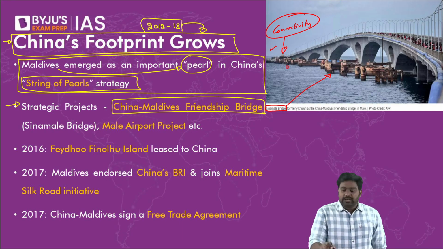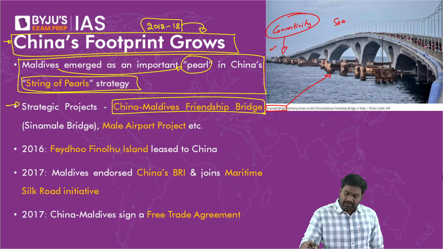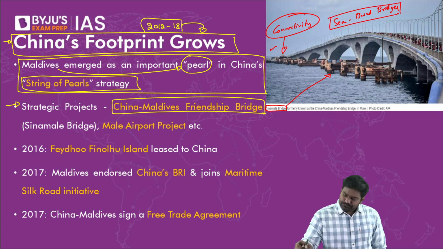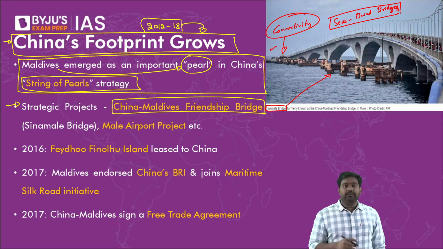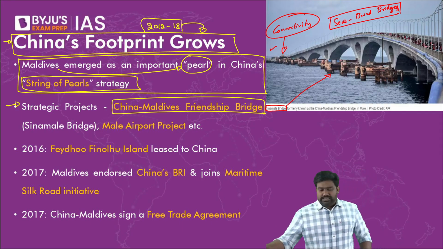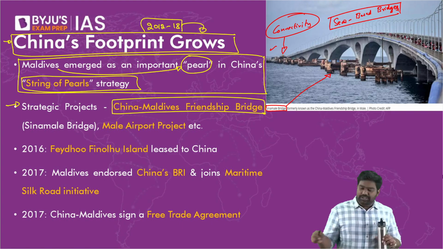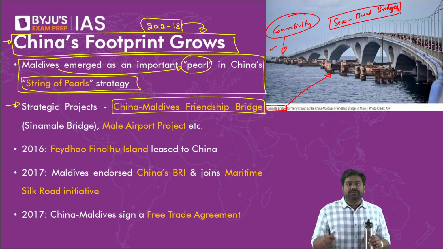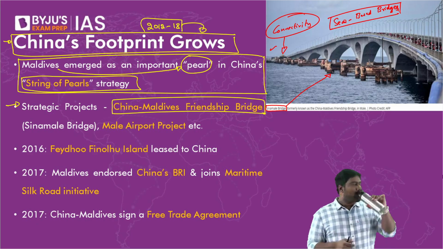So one idea to connect some islands that are located nearby is to build sea-based bridges. Some islands which are close by, just few kilometers away, they can be interconnected through a chain of bridges or highways that can interconnect and bring these islands together.